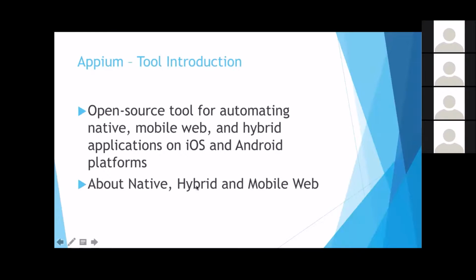But in a hybrid application, there may be some modules that have an HTML part, a CSS part. There is, say, a profile page on clicking which you are navigated to a mobile website. So if your web part is wrapped under the mobile native part, it will be called a hybrid element.